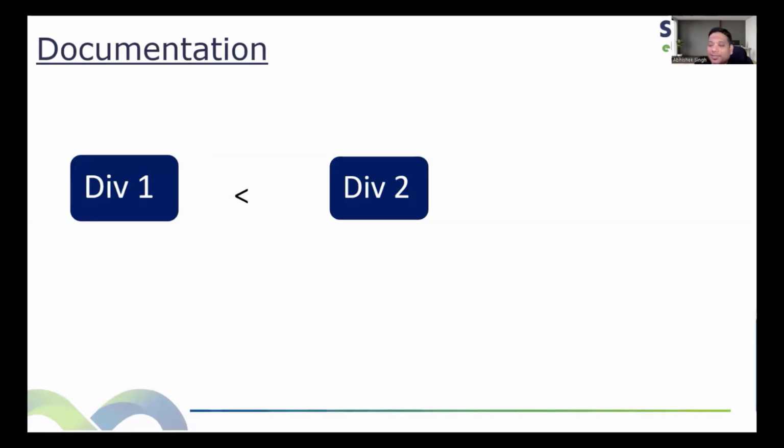Pages of calculations will be more, and at each stage you'll be preparing more documents in Division 2. So in terms of documentation, yes, Division 2 will be much higher.